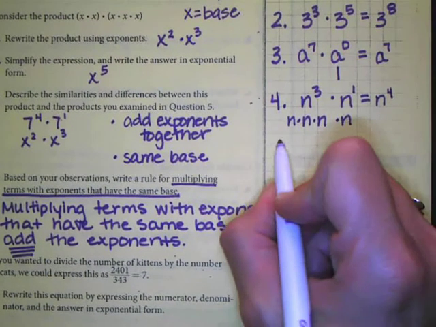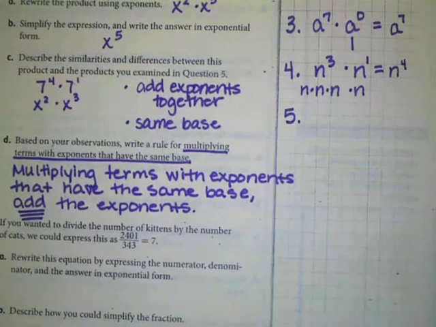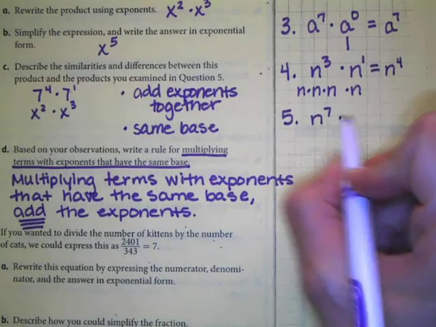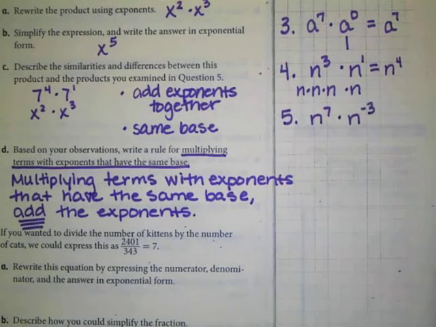And 2 more. Because I know you don't know what these exponents mean, but our rule still works. If I have n to the 7th and I have n to the -3, don't flip out because it's a negative exponent. We will get there so you understand what that is. But our rule still works.